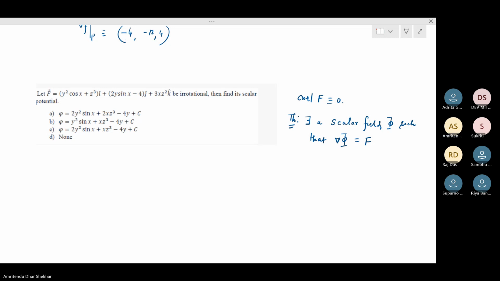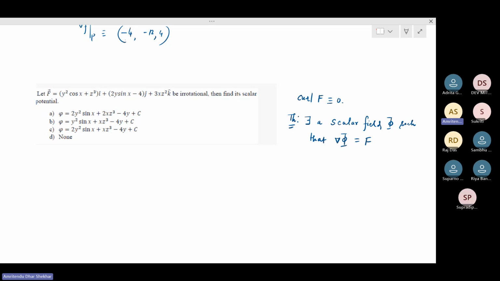Some of the consequences of this theorem, which you might recall from physics: think of something like the gravitational potential. The gravity field is an irrotational field, so the curl of that is 0, and as a result you can define a gravitational potential.